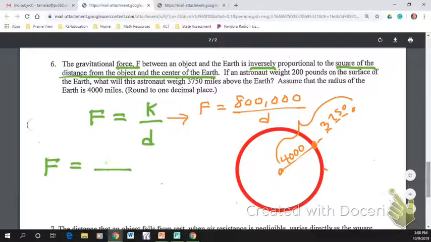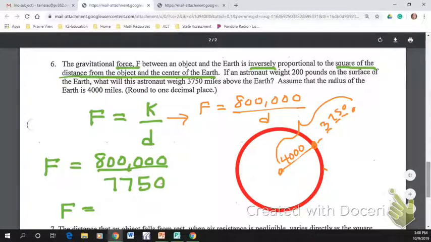So I divide those two, and what do you get? 103.22. We're supposed to round to 1 decimal place, so 103.2 pounds.